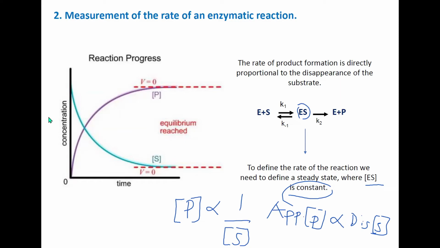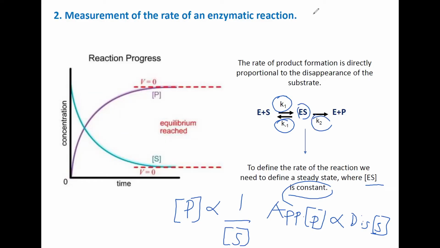The enzyme substrate complex is reversible because it can still dissociate to give back free enzyme and free substrate. In the forward reaction, the kinetic constant is K1, and in the reverse process, the kinetic constant is minus K1. And of course, the enzyme substrate complex can also break down to produce free enzyme plus free product, and there we have K2.